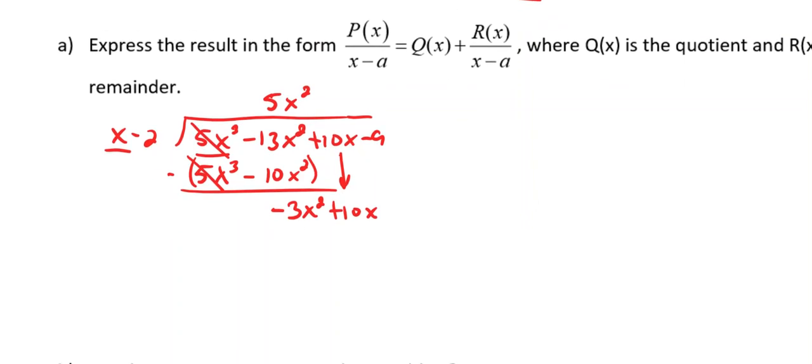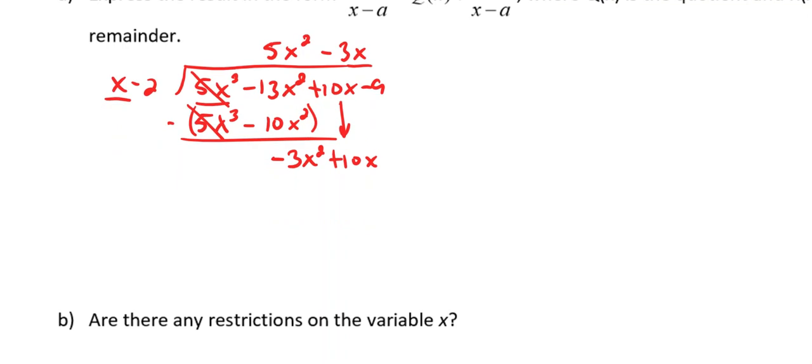Now we're asking ourselves, how many times does x go into negative 3x squared? Negative 3, right? So it's going to be negative 3x. Then again, we go that times, so it's negative 3x squared plus 6x.